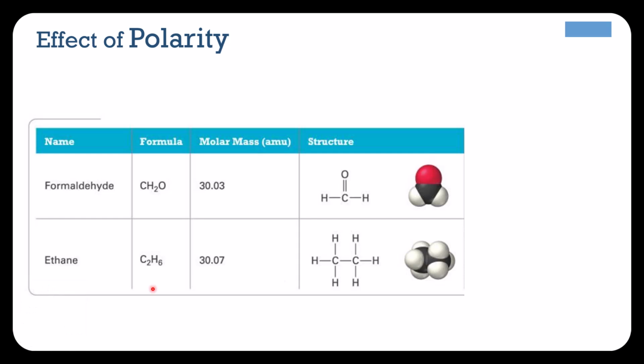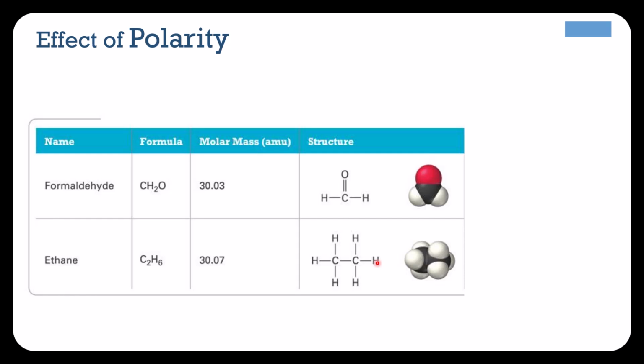If I look at ethane, I'm going to start down here. What I see here is a lot of carbon-hydrogen bonds. So here's a carbon bound to a carbon. That's going to be nonpolar. Here's a carbon bound to a hydrogen. So you could go to your electronegativity chart and look at the differences in electronegativity between carbon and hydrogen.